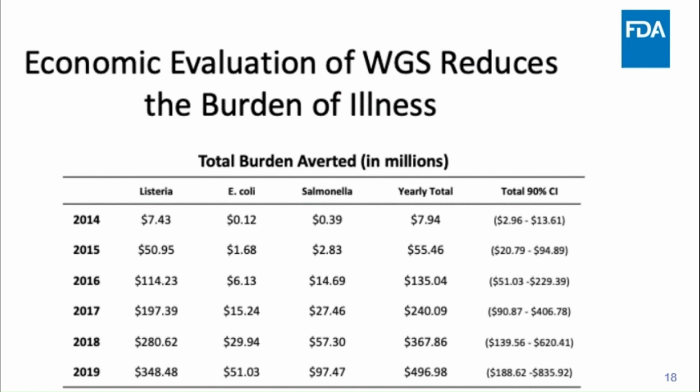And so what this shows is that we didn't get millions and millions of dollars to build our genomic network. And so we broke even, and the cost of averted illness fully recovered all of the cost in the first or second year of using genomics for food safety.